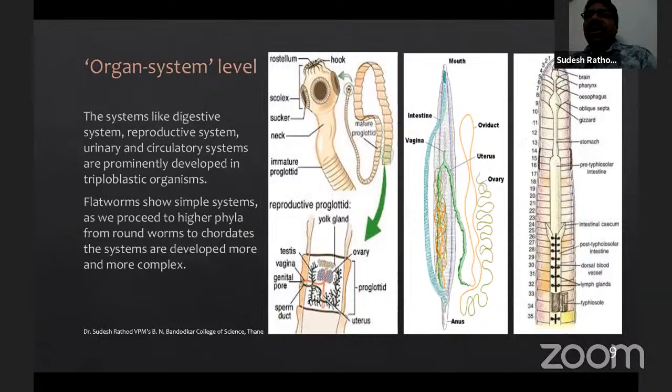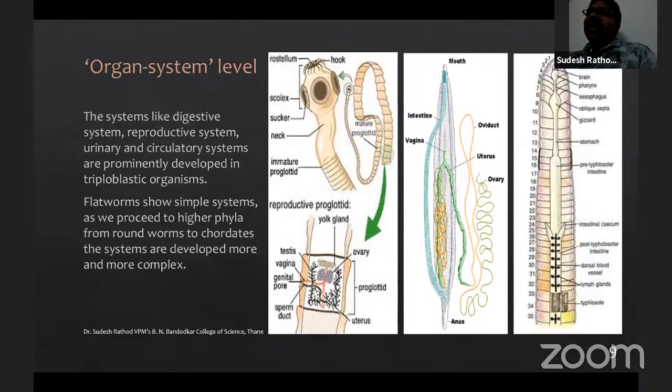Let me talk about all three examples. The left-hand side is a tapeworm, belonging to phylum Platyhelminthes. The middle one is the roundworm Ascaris, belonging to phylum Nematoda or Aschelminthes. The next one is the earthworm, belonging to Annelida.